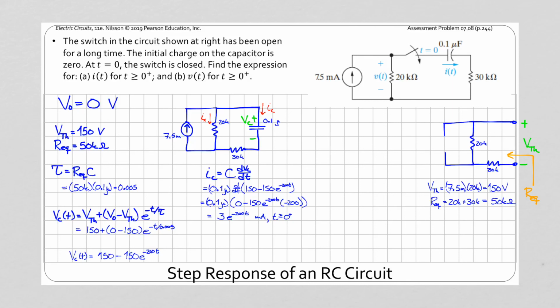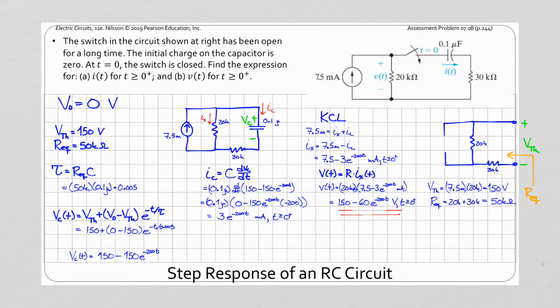So we can use KCL to find this current through that resistor. And so we're able to find the current through that resistor as a function of time, and then we can use Ohm's law to find the voltage as a function of time. And simplifying, we're able to find the voltage as a function of time for t greater than or equal to 0 plus.